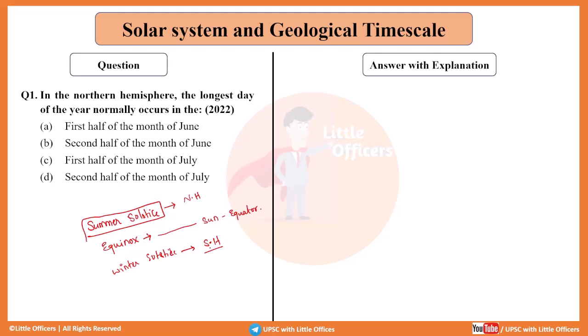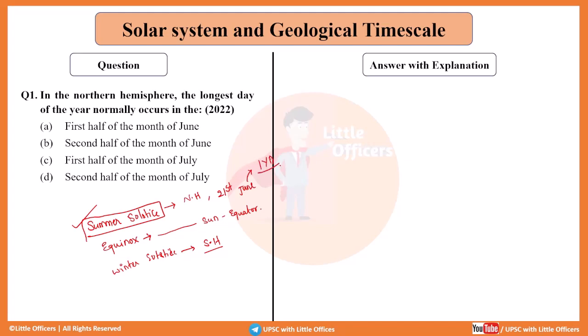These questions have been continuously asked. When they are asking about the longest day, of course it is with respect to the northern hemisphere. When does this occur? On the summer solstice. So when do we have summer solstice? On 21st June, and this is the day we also celebrate as International Yoga Day.